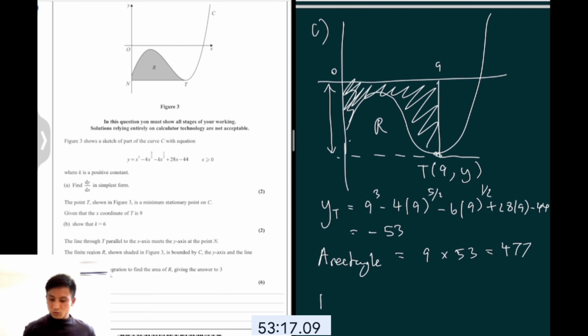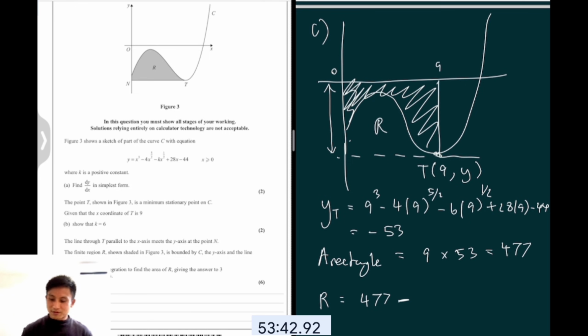And then R would just be 477 minus the modulus value of the integral from 0 to 9. We know from the diagram that it's going to give us a negative value, right? You agree? So I'm just going to change this to a plus because the area is negative, so you plus a negative value, and that means subtraction. Just make sure you understand why I'm doing a plus here.